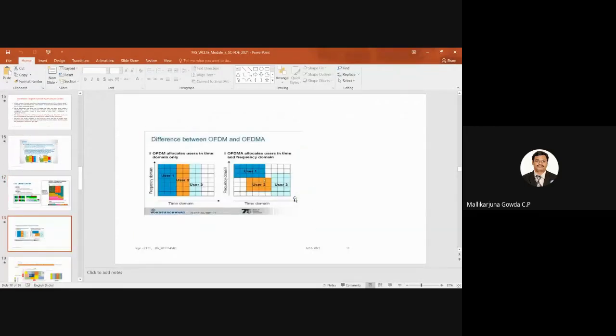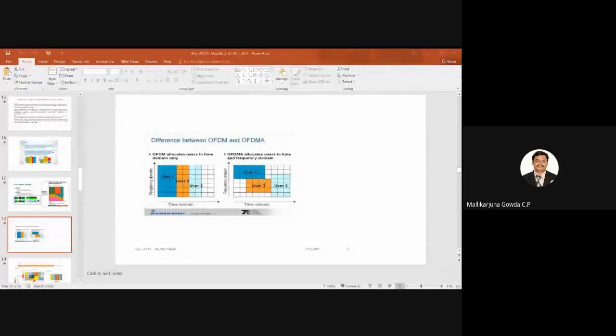I kept it here so you can get clarity on what OFDM and OFDMA are. Clearly, OFDM allocates users in the time domain only, to say in short.